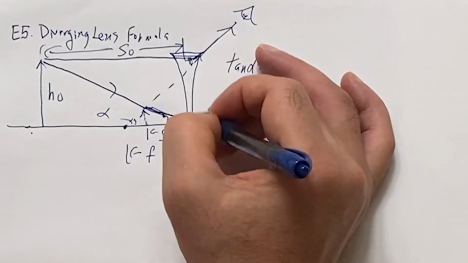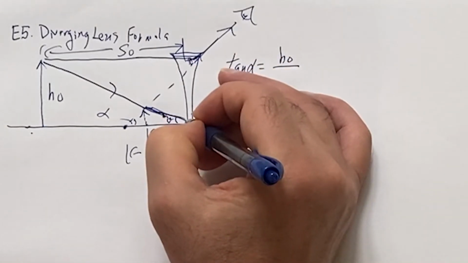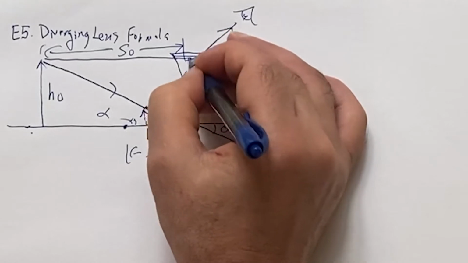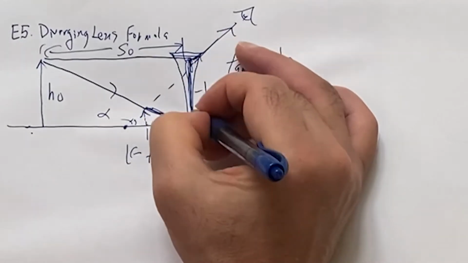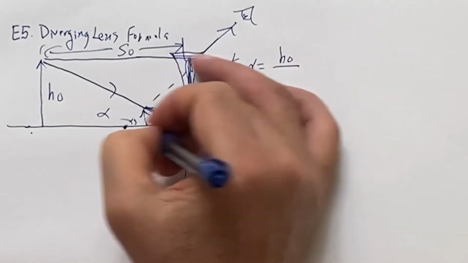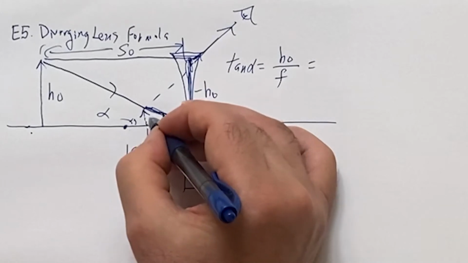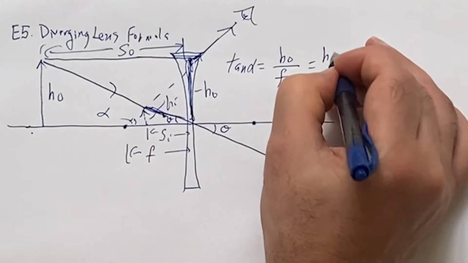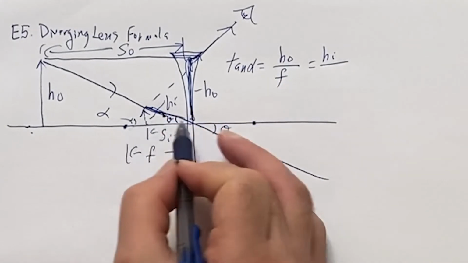It's a thin lens, so the vertical height, HO, is going to be divided by F. So that's this triangle in here. But the cute little triangle here has HI, the height, divided by this little piece, which is F minus SI.